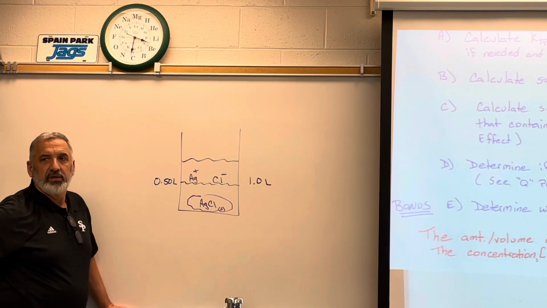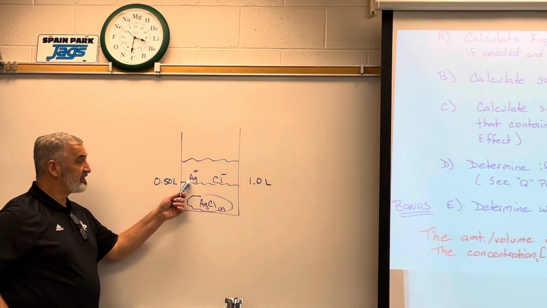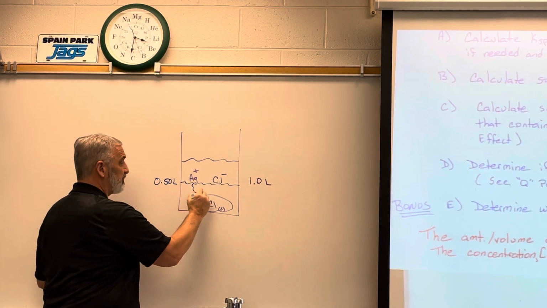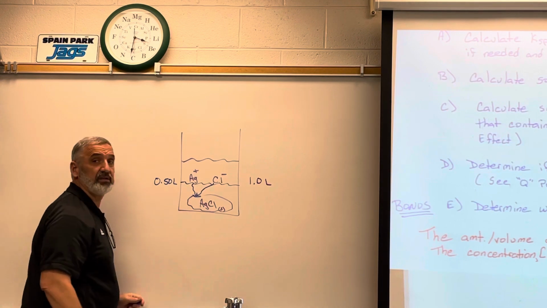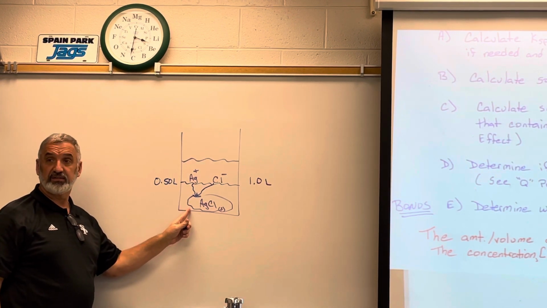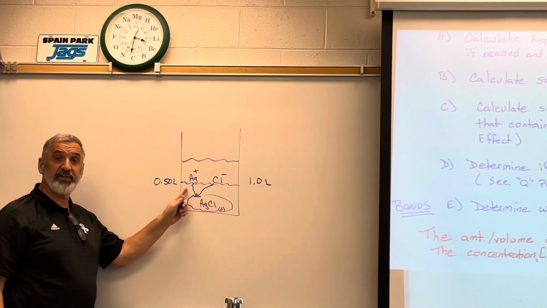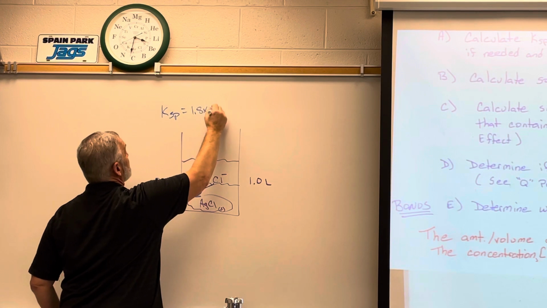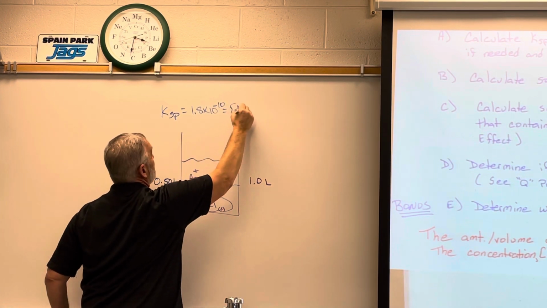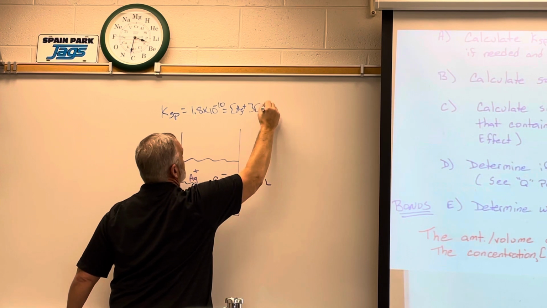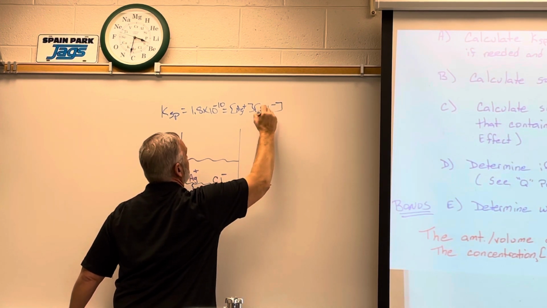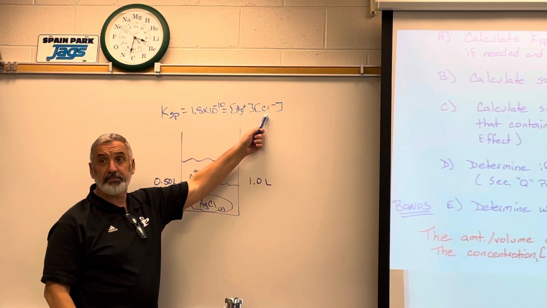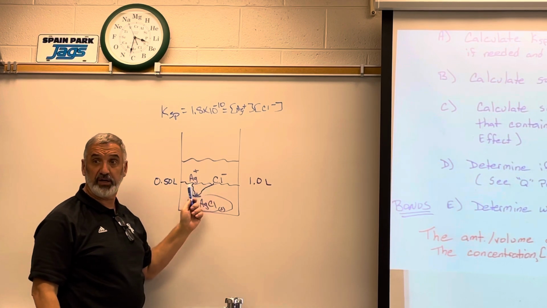The concentration will stay the same. Okay? Obviously, there's not as much room, not as much water. So some of this is going to begin to precipitate together and form more solid. Because once the water evaporates, KSP, which is equal to 1.8 times 10 to the minus 10th, is equal to Ag plus times Cl minus. That looks like a K. So when the water evaporates, these are going up, because all of a sudden these ions are in less water.